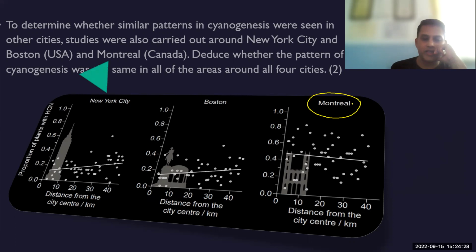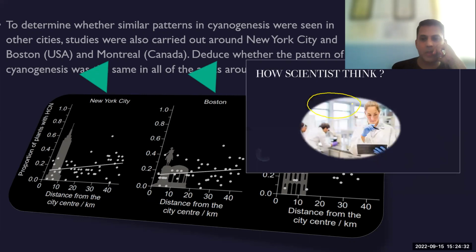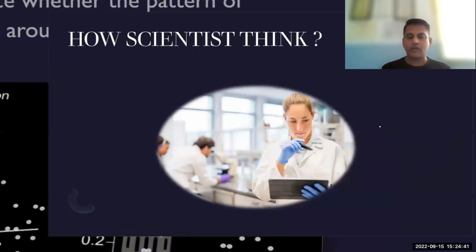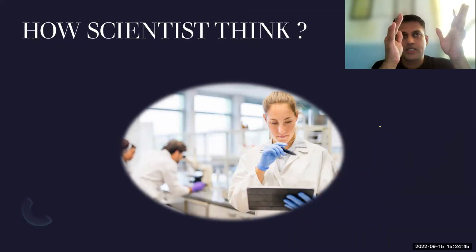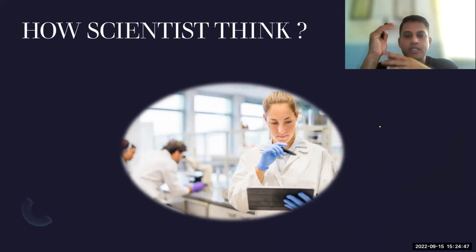Here New York City positive, Boston positive, Montreal negative. Now, how do scientists think to address this kind of question? Three cities have positive correlation and only one city has negative correlation. So how can you solve the problem?